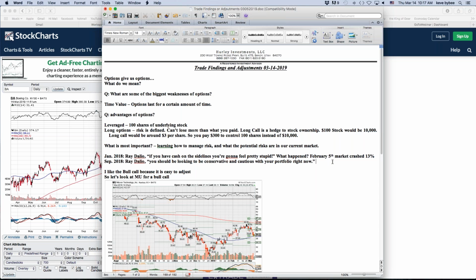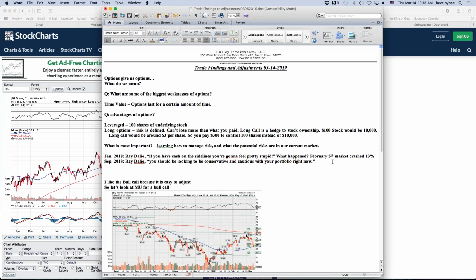Obviously, there's a change in his rhetoric, and I thought that was pretty funny and kind of interesting, because it showed that even the best of the best and the most successful in the stock market can get it wrong and can make mistakes.